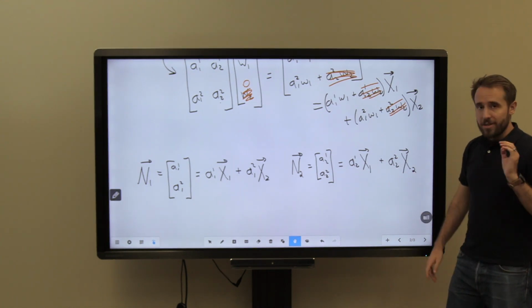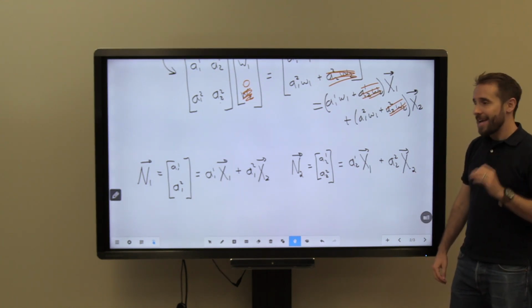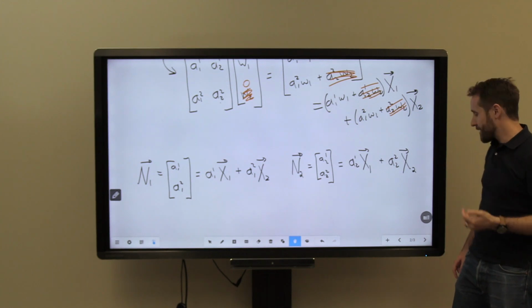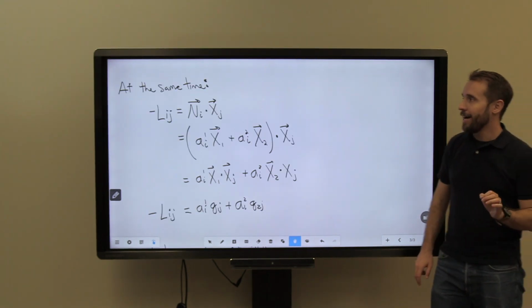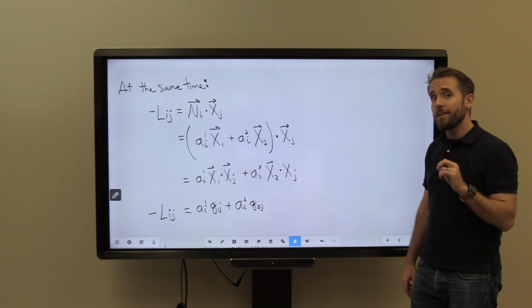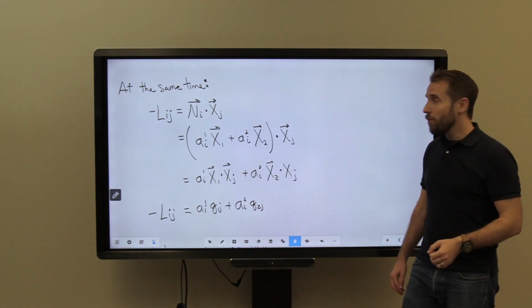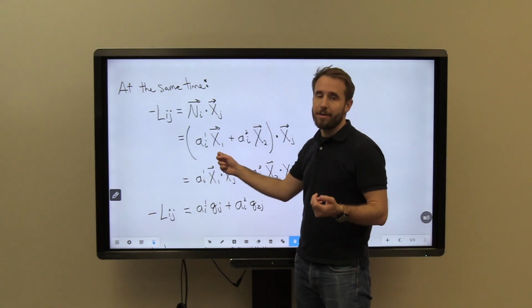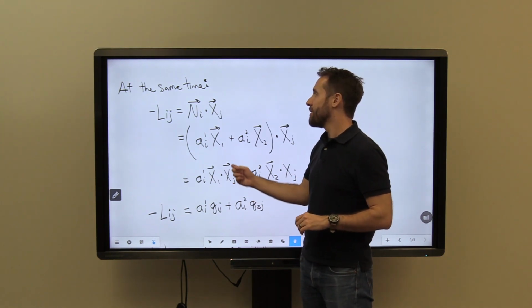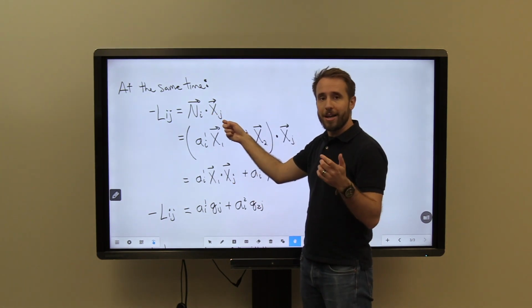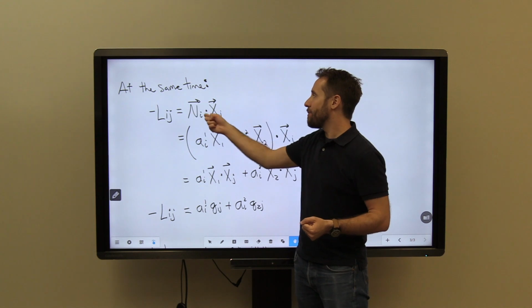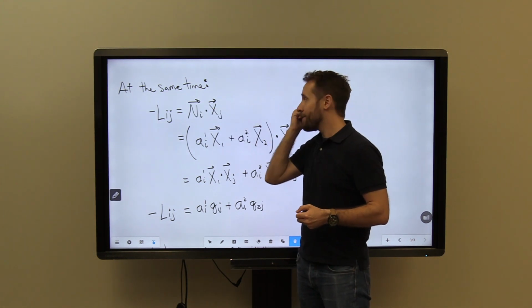Great. So now we have a way to represent n1 and n2 in terms of x1 and x2. At the same time, we have our second fundamental form, which told us that we could calculate it as a dot product. Individual entries were dot products of n sub i dotted with x sub j.